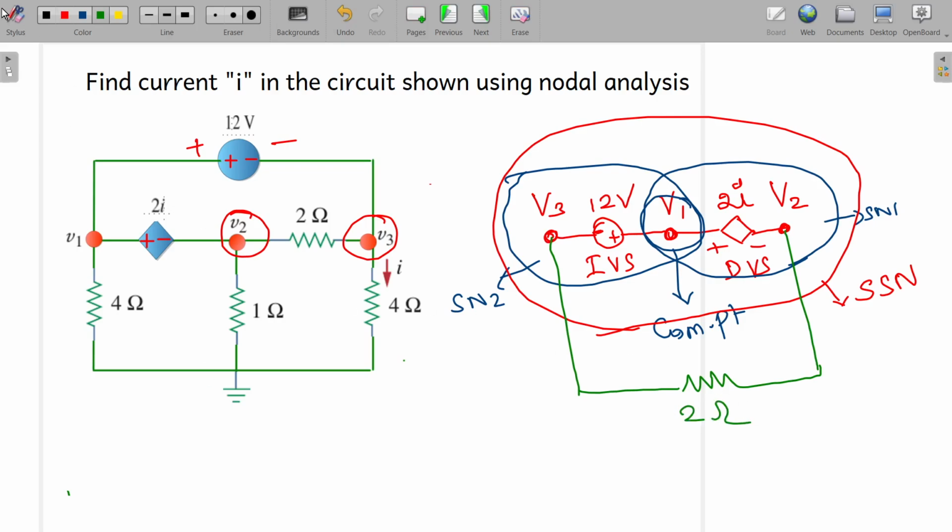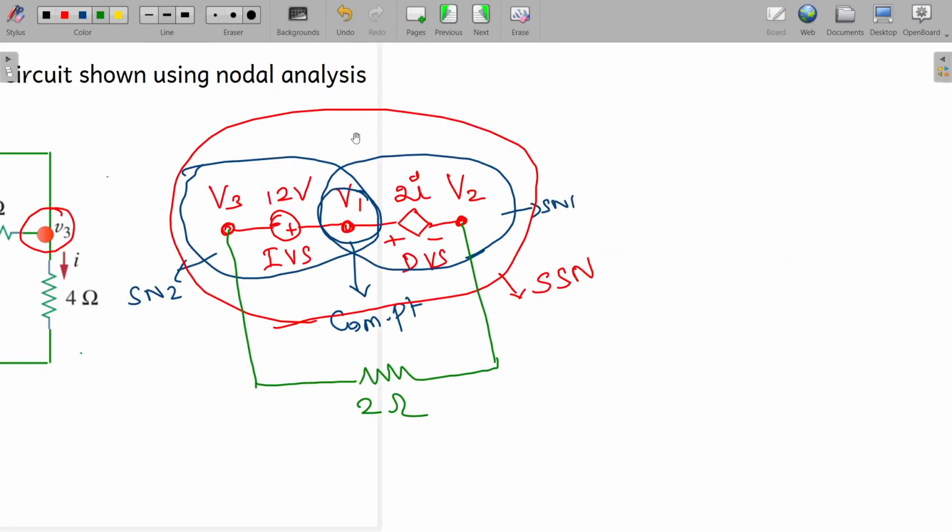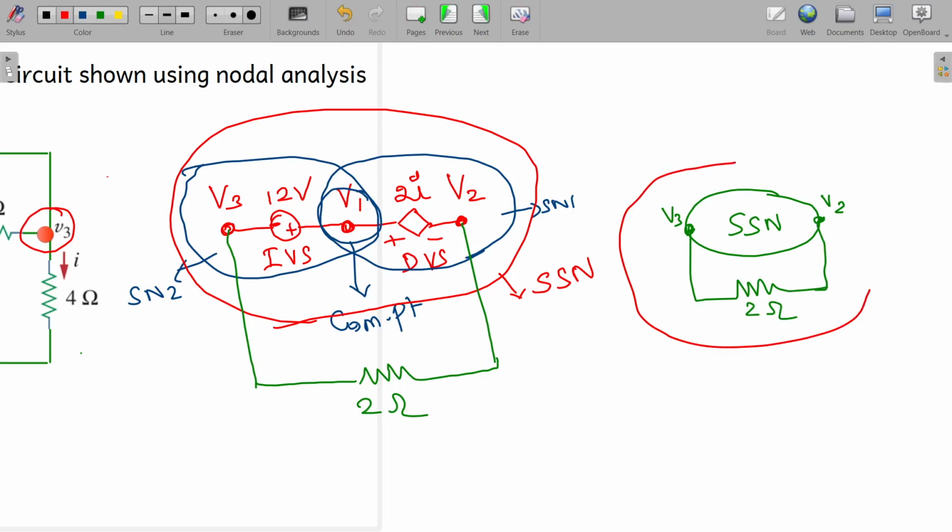Okay, so I can mark this like this, right? So I can mark it as SSN supernode. Here you have V3. Here you have at the end V2. In between you have the parallel path with the 2 ohm resistance, so that you can enclose them together, and again you can mark it as SSN, right? Supernode. This is how we form the supernode.